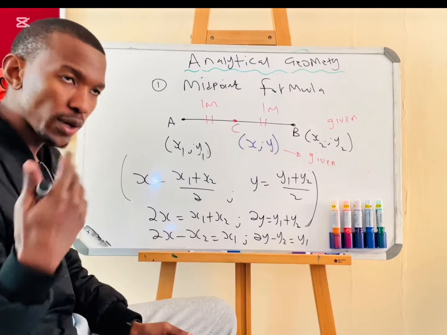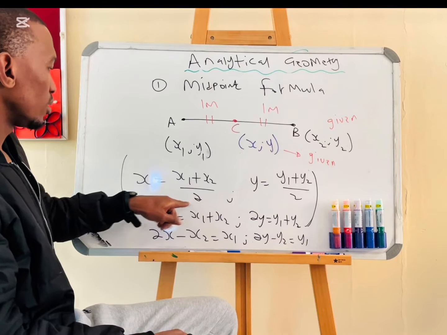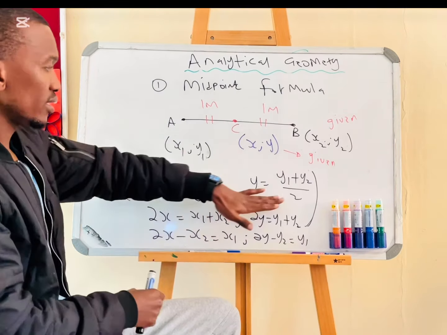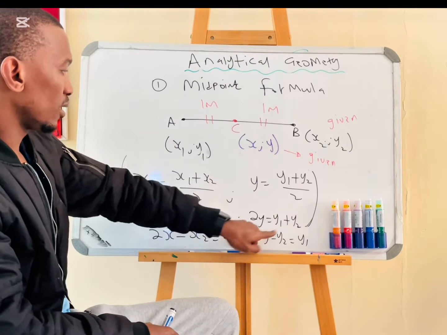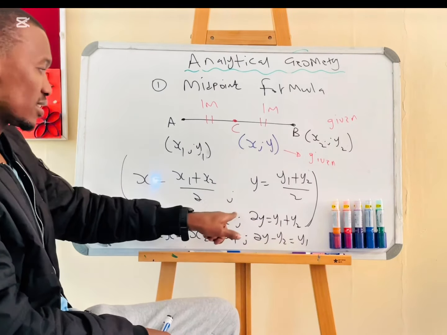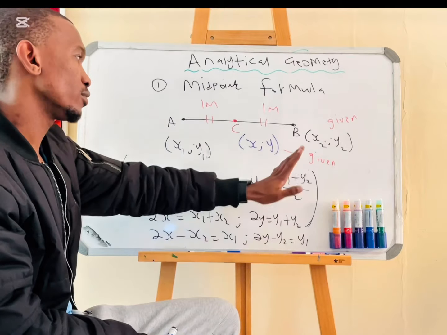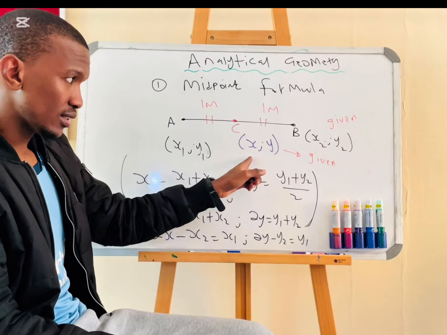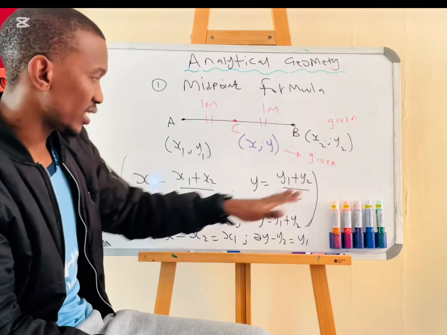If you're looking for the points of B, obviously you will take x1 to the other side, you're left with x2. You will take y1 to the other side, you'll be left with y2. That's how you find the points of B. If you are given the midpoint and another point, this is the formula.